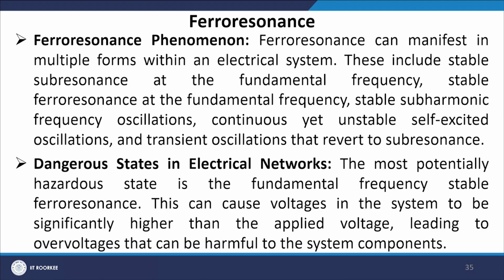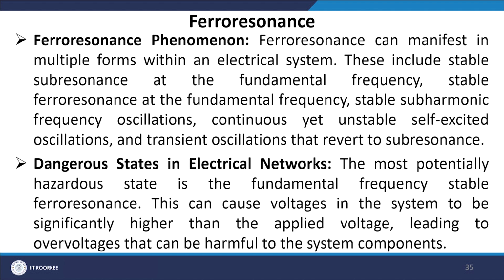Now, there is one important factor known as ferroresonance. Ferroresonance can manifest in multiple forms within an electrical system, and these include stable subresonance at the fundamental frequency, stable ferroresonance at the fundamental frequency, stable subharmonic frequency oscillation, continuous yet unstable self-excited oscillations, and transient oscillation that reverts to subresonance.